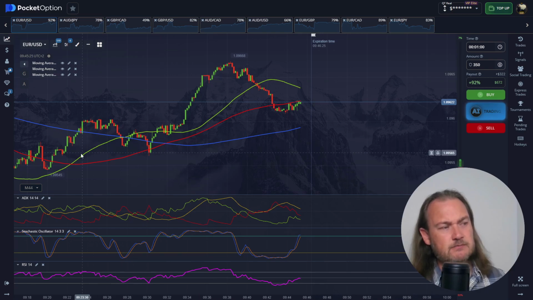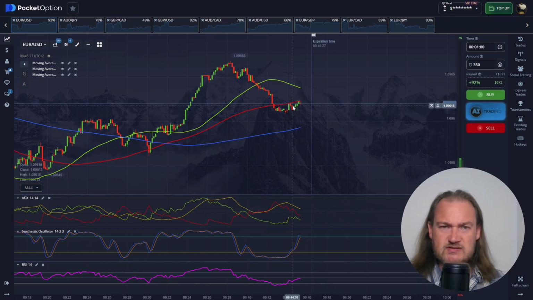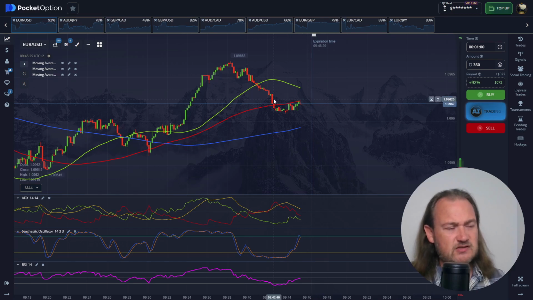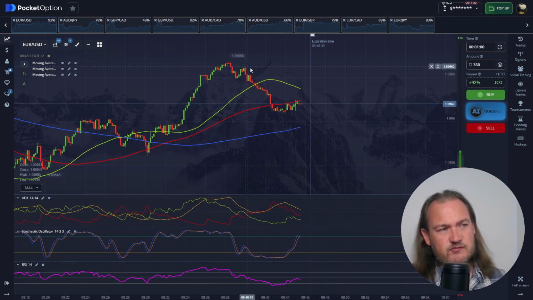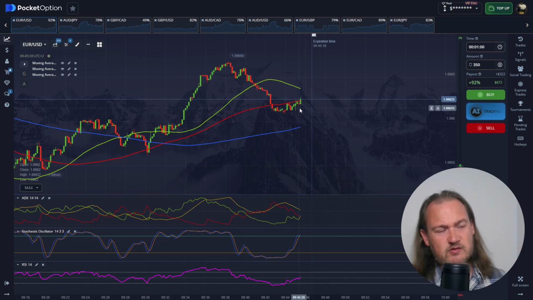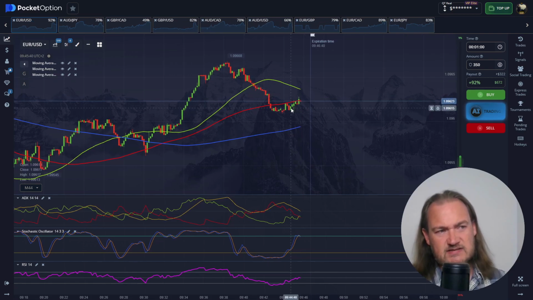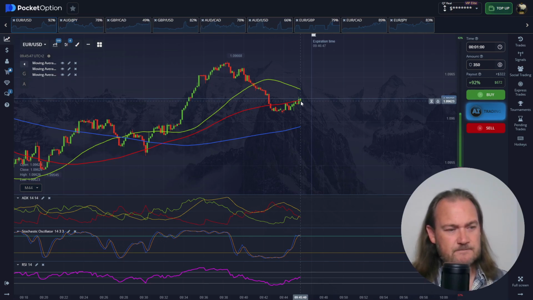Secondly, I'm using them as dynamic support and resistance areas. So while price is moving above, these will count as support for me, and when price comes down through them and moves below, they will count as resistance. As you can see, this price keeps getting rejected off this 100 moving average here.